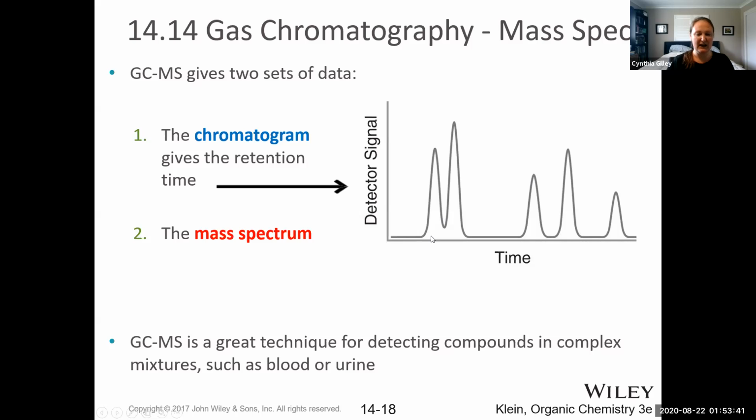One at a time, in order of earliest eluting to latest eluting, they'll be injected into the mass spec, and we'll be able to get mass data, ideally the mass of the molecular ion for each one. So we can get some idea of what's in our mixture based on the mass of the compounds, which is really useful for things that are never going to be pure, such as blood or urine.